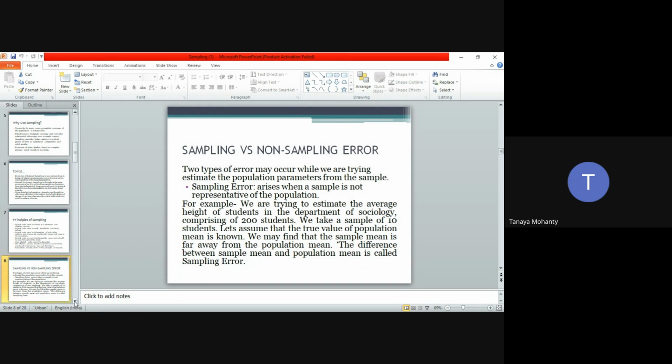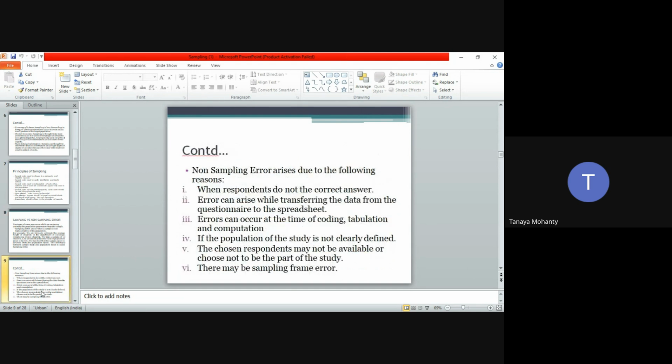But apart from sampling error, there are different non-sampling errors that can affect your study. So basically, we have learned that sampling error is an outcome of your sample not being representative of the population. Why do you choose a sample?